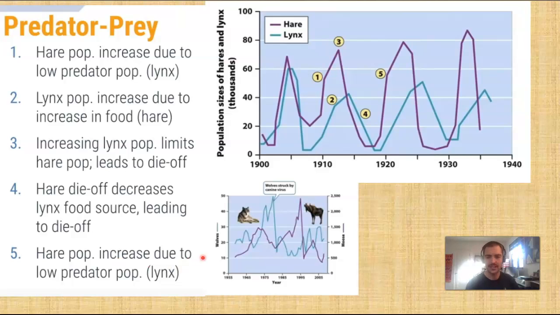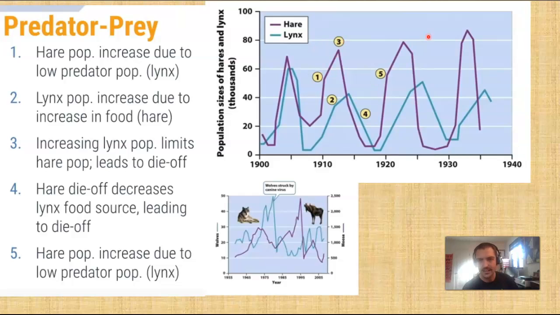The hare population increases due to the low predator population. So you can see they grow together, and then when the hare population went down a lot, the lynx were starving. Then there were fewer lynx, so the hares went up again, and the lynx went up again. Then when they went down, they just match each other.